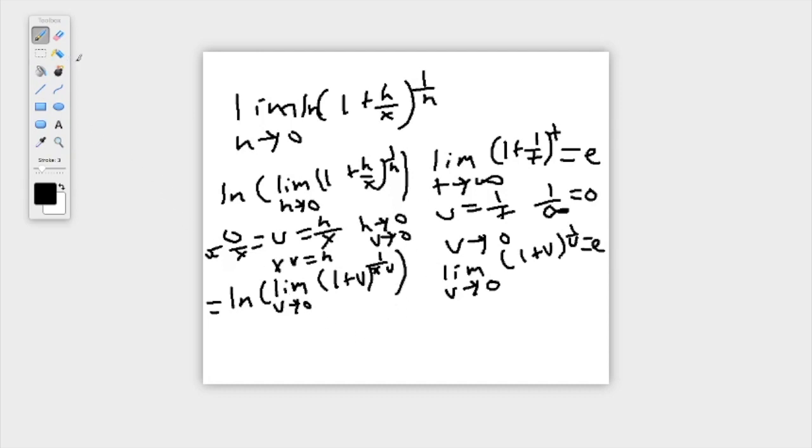And then I'm going to add more space. Let me make this a little bigger.